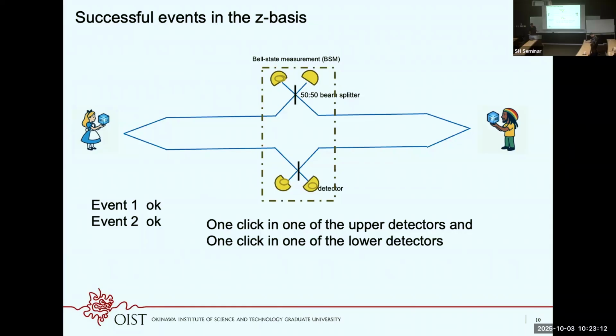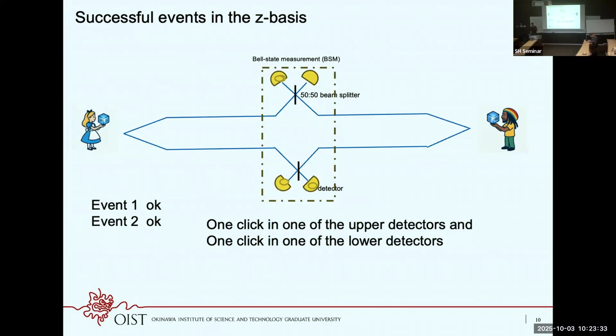Of course, as you can see here, these events are completely symmetric. You have this one and this one, both are successful. And of course, Alice and Bob know which photon they sent, so in this way they can extract the key.